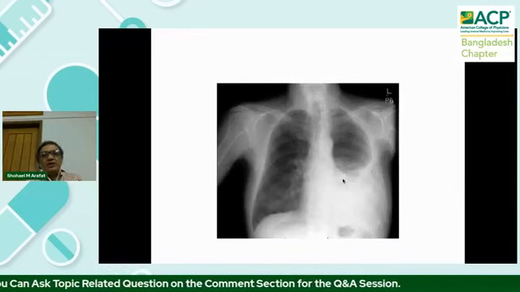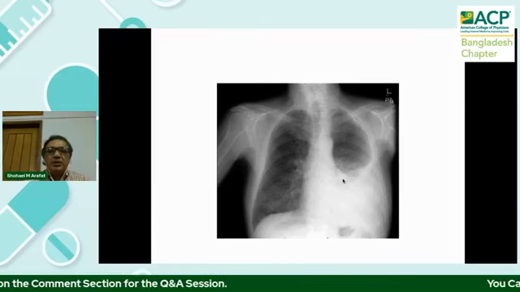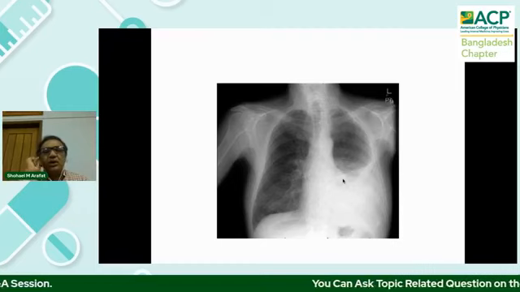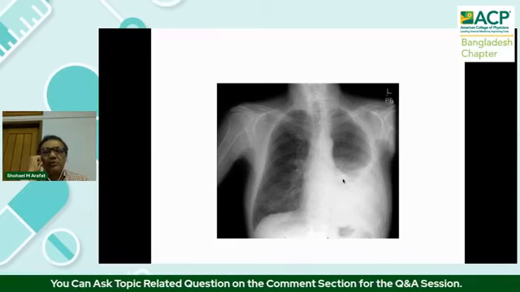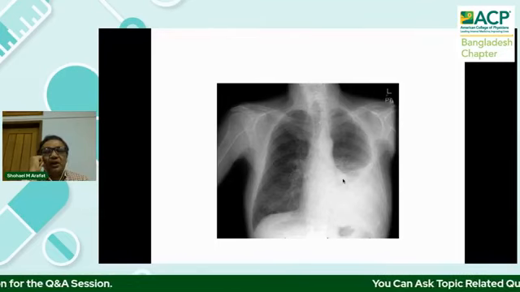Another important X-ray is the chest X-ray, because there is a different type of involvement in acute pancreatitis. Commonly it is a left-sided pleural effusion. Besides that, there might be some atelectasis, features of ARDS, or multi-organ involvement.